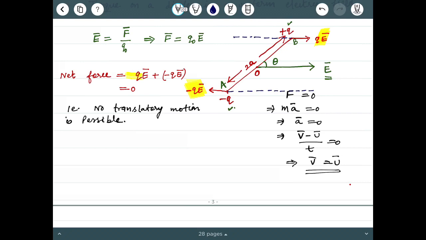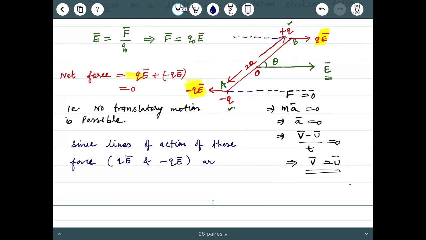Since the lines of action of these forces, qE and minus qE, are different, and the forces are equal and opposite, they actually act at different points, so they form a couple.